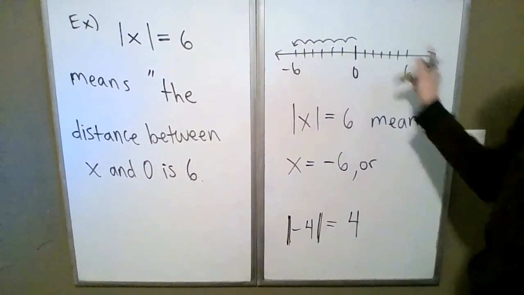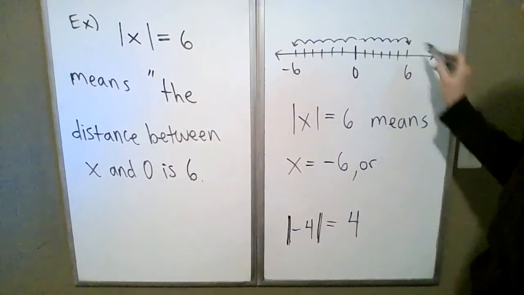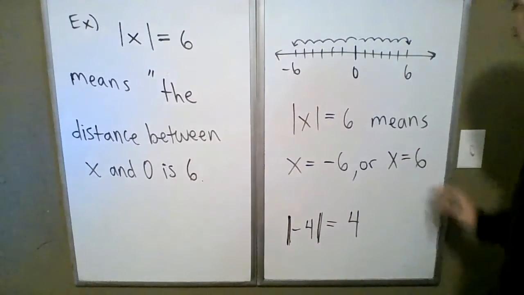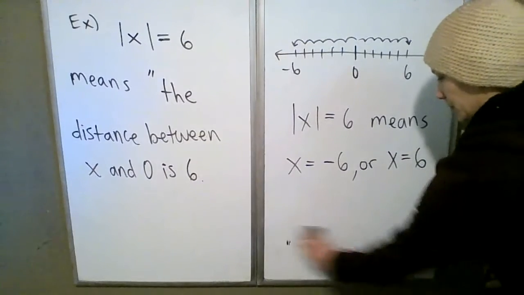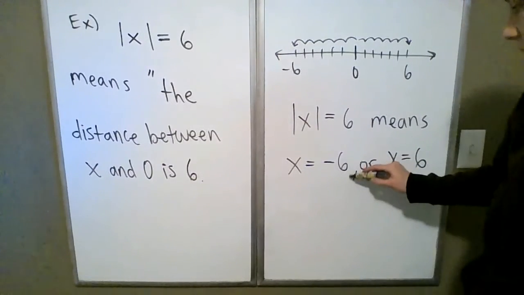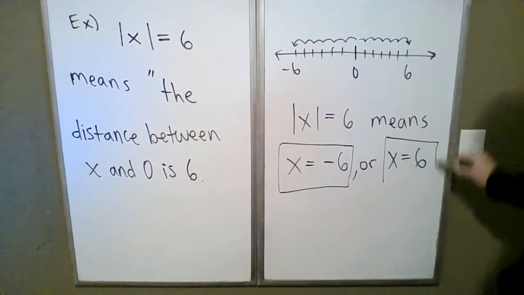Or you go over to the right 6 spaces, 1, 2, 3, 4, 5, 6, and you land at +6. So there are 2 solutions, this one or that one.